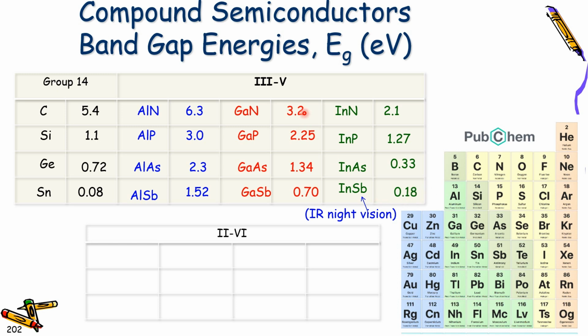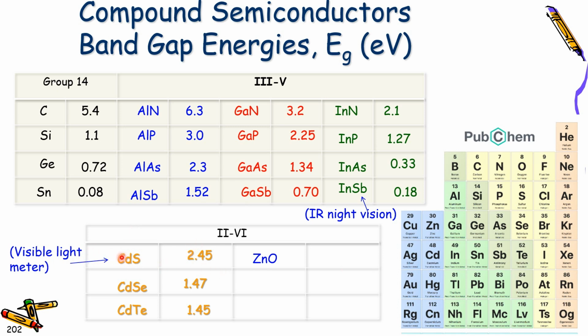So this is 3.5, and this is 2.6. 2.6 is this one: zinc oxide, zinc sulfide. So this is CdS, for a visible light meter.